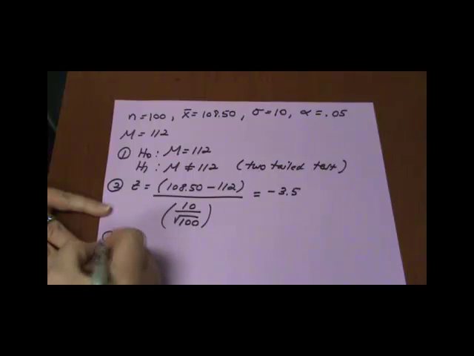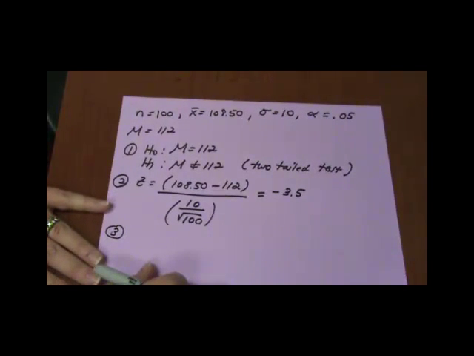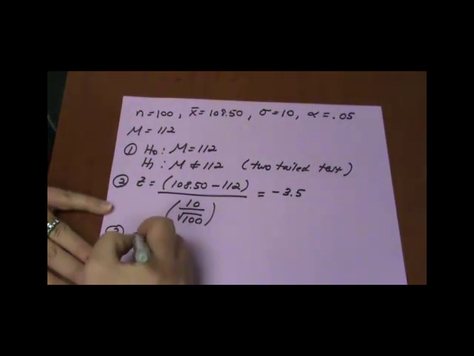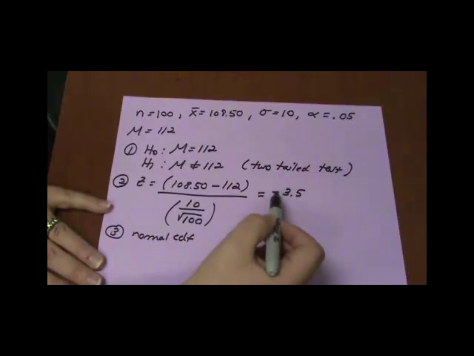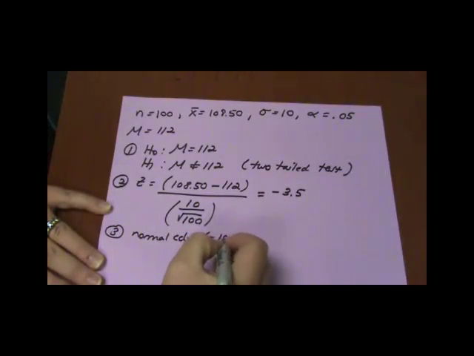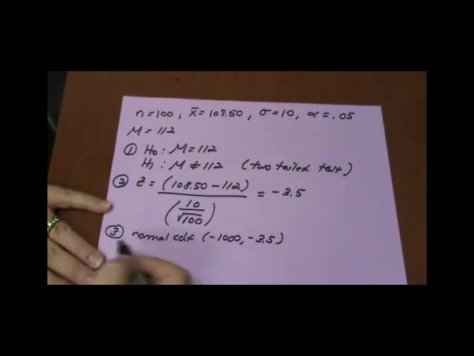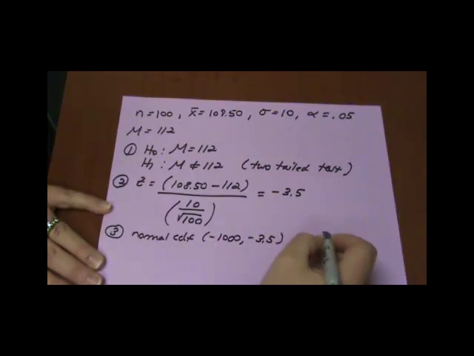All right, number 3, we're going to do the p-value first. So if you're doing the p-value, then you're going to do normal CDF. Now you can go either direction, but since this is negative, we're going to do the negative direction. The only thing is this is going to give you the left part. Since this is a two-tailed test, once you get this, you're going to multiply by 2.